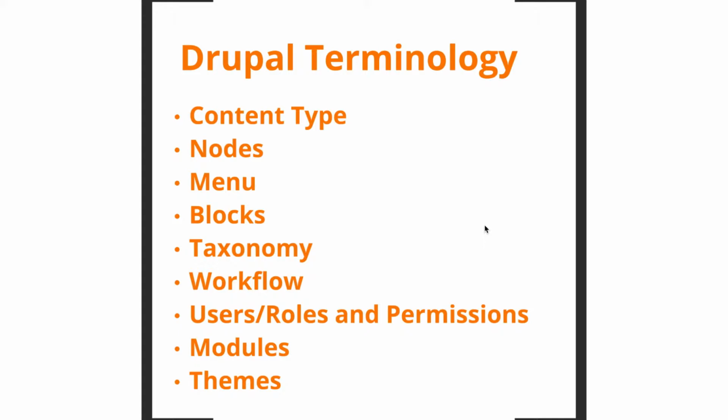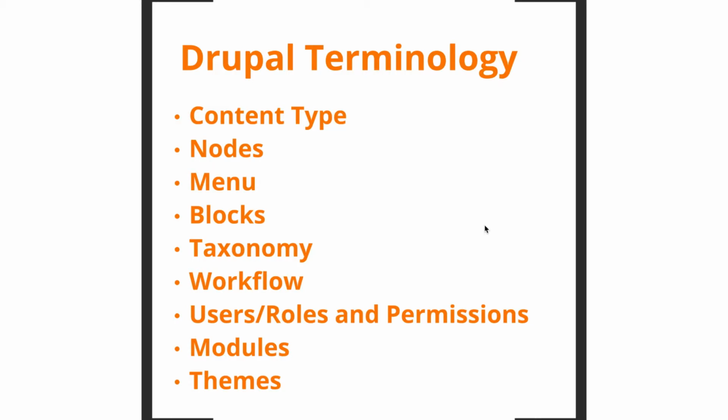That can be done with the help of some modules in Drupal, but this can also be done out of the box. You can create some sort of mechanism in your content type where you create a custom field that can signify the status of your page, whether this particular page is published or not published, or maybe you want someone to review it. There are also some dedicated modules that will help you to build a workflow.